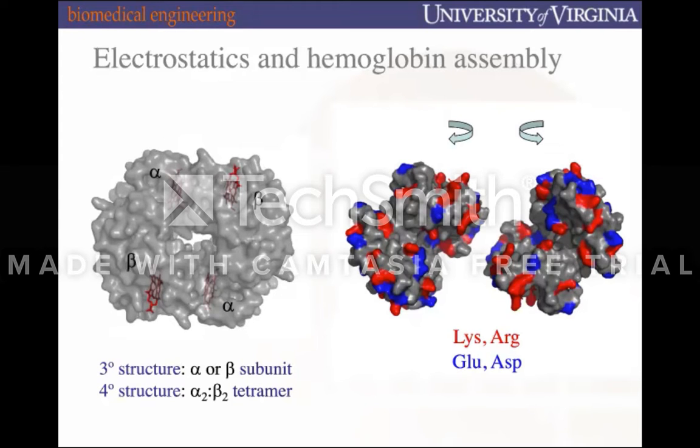And it's also a heterotetramer, which means that it's a mixture of different kinds of hemoglobin subunits. So what that looks like here is that you have 2 alphas and 2 betas that make up a hemoglobin protein here.